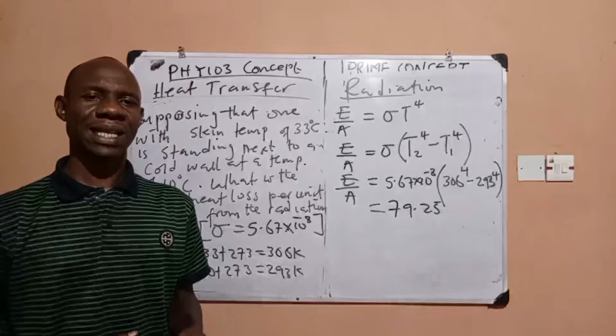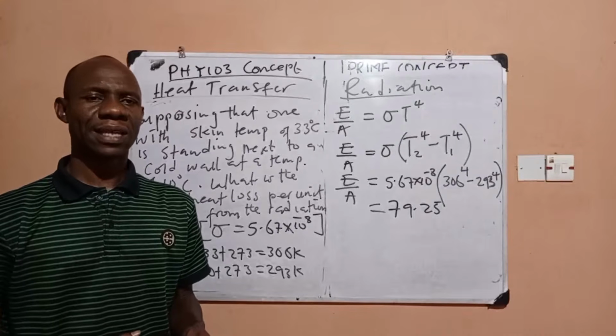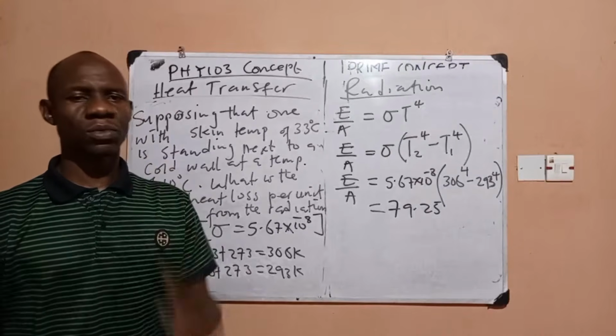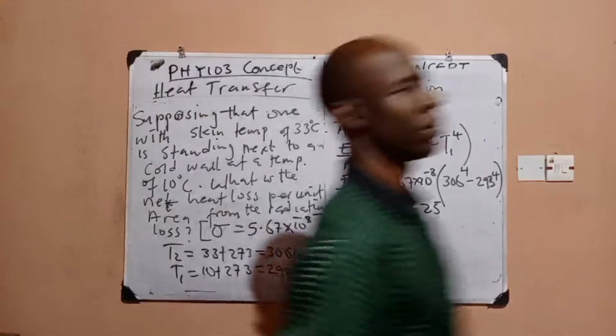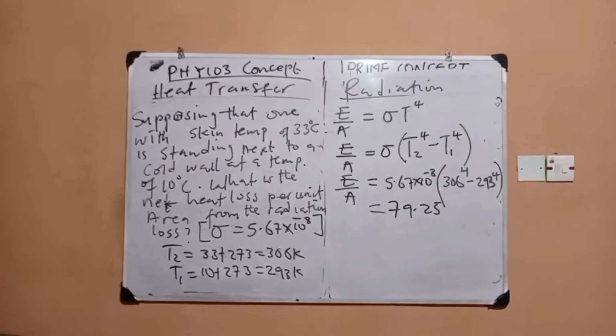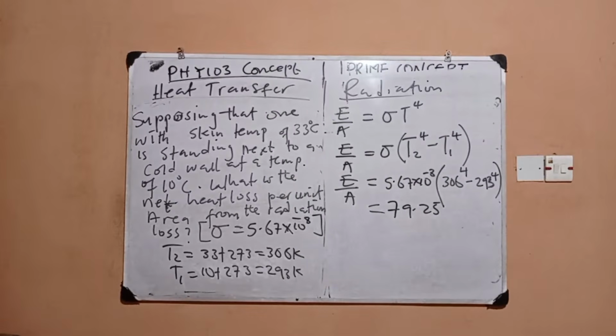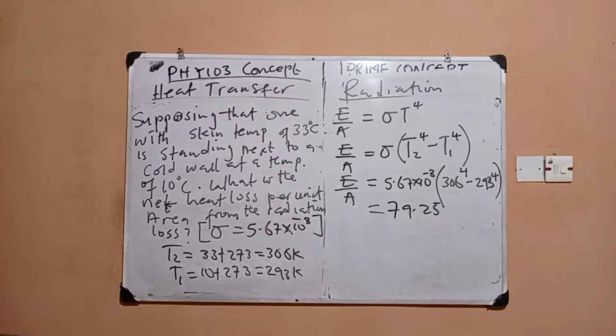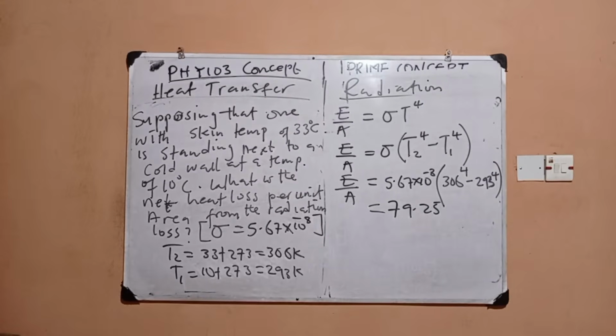So between thermodynamics and heat capacity, which one do you want me to do? Drop it in the comments so that I'll choose one of them, because we can only do one. Suggest one so that we'll pick just one. We can't do the two again. Time is fast spent. So help me choose.